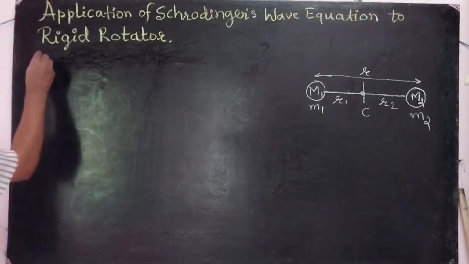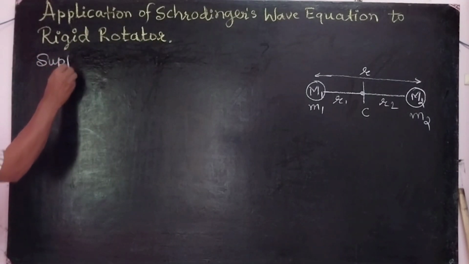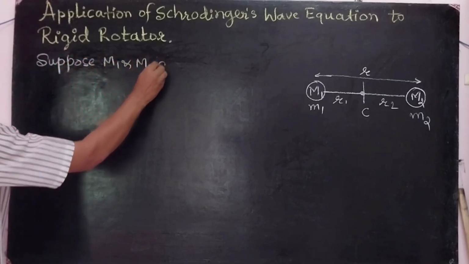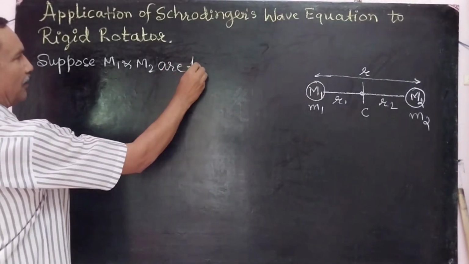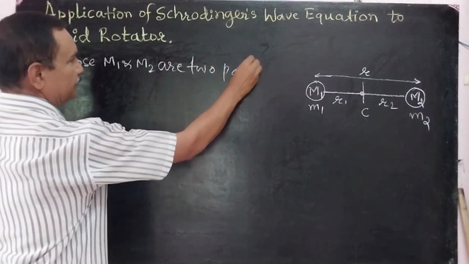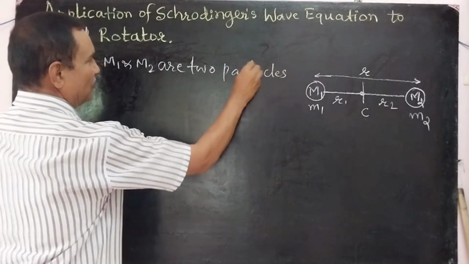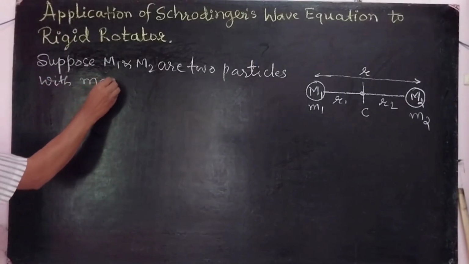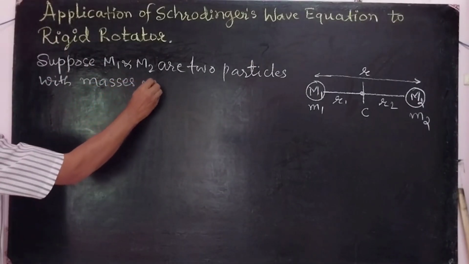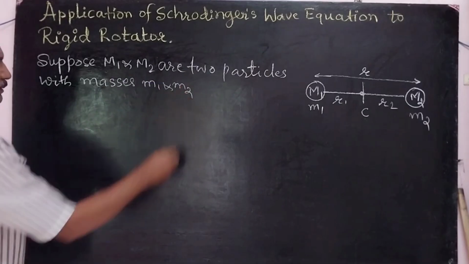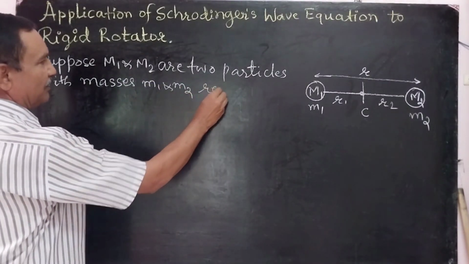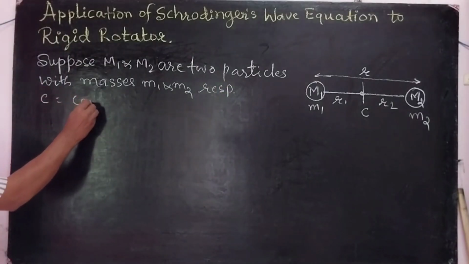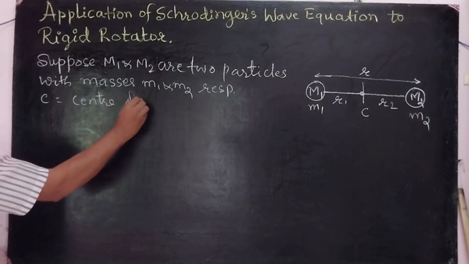Suppose m1 and m2 are two particles with masses small m1 and m2 respectively. C is the center of gravity.